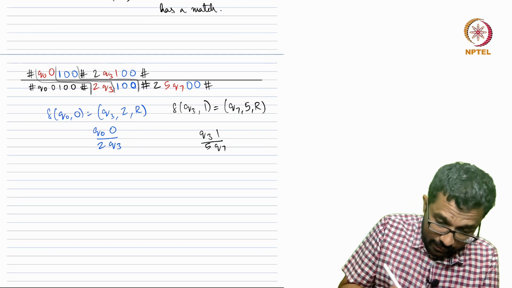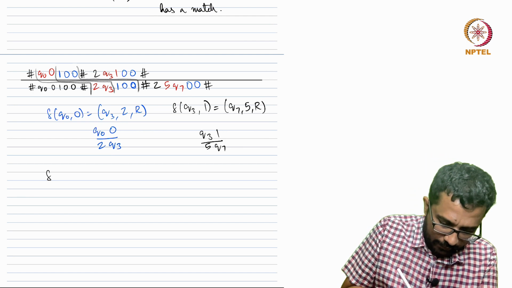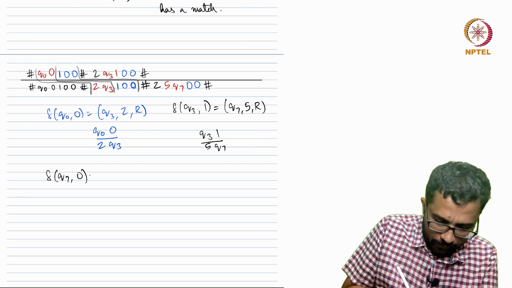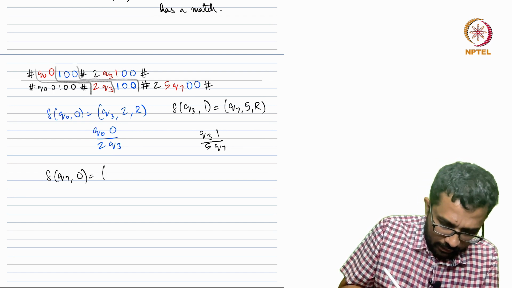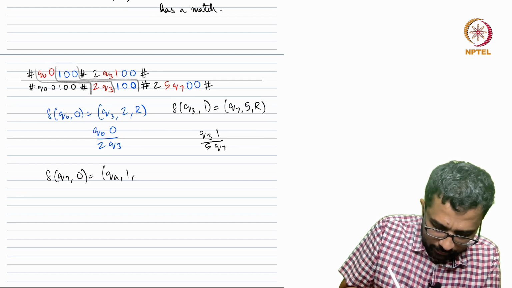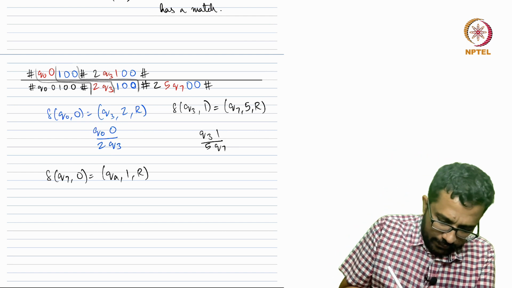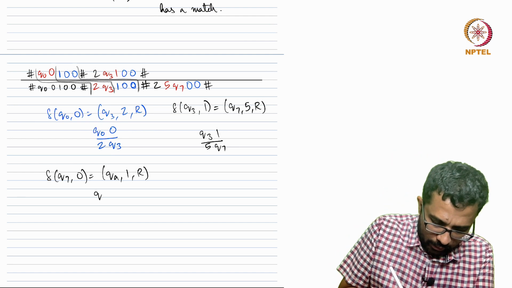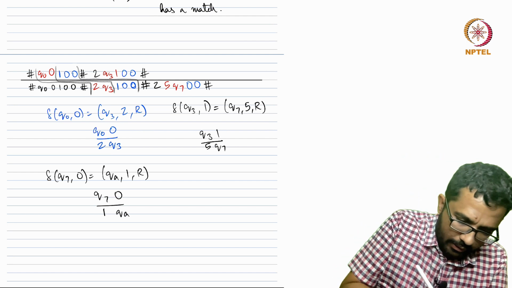Now suppose it is in state q7 and it is reading a 0. Suppose delta of q7, 0 is, let's say, it accepts from here: q accept, 1, and let's say right. If that is the case, then we would have q7 0 on the top, and the bottom will have 1 q accept.